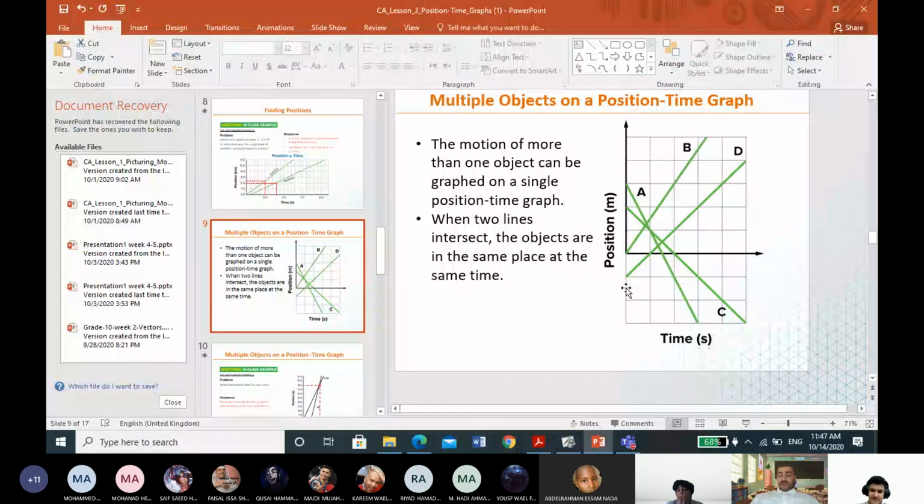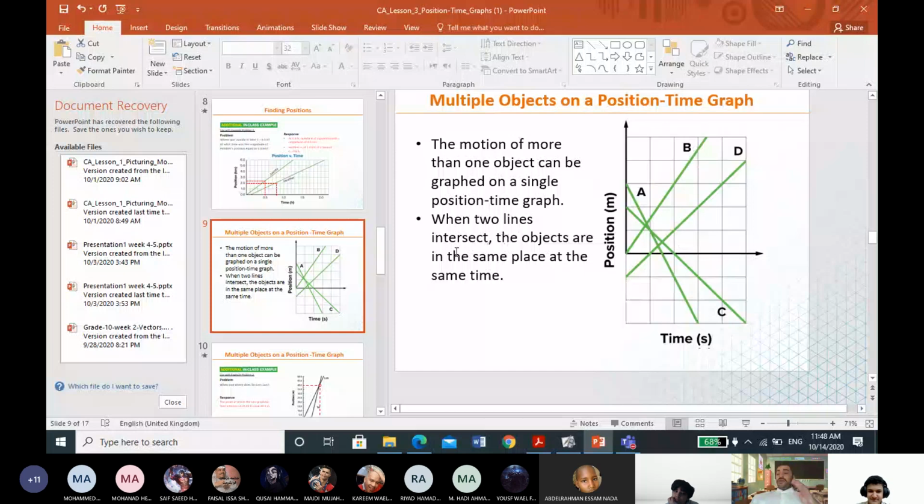By referring to the origin, we can say that this object is -1, let's say, meters away from the origin, or this object is +4, let's say, away from the origin. So it's easy, guys, to know that here we have 1, 2, 3, and 4 objects moving in a system at the same time. So we can draw all the moving objects on the same position time graph.